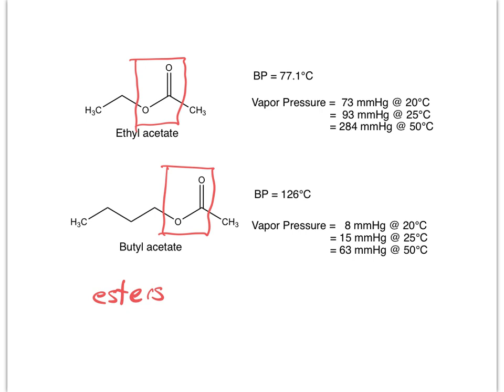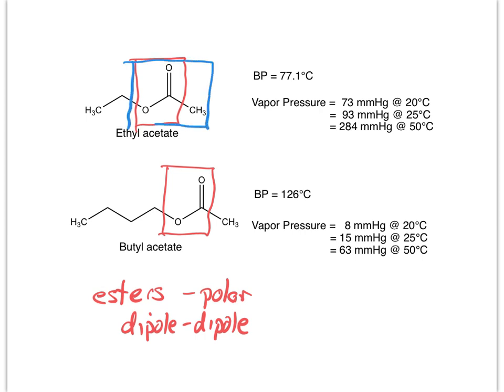As esters, that ester group is very polar, and so these molecules are attracted to each other by dipole-dipole interactions. If we break down the name, we see this part of the molecule is the same in each. That is a derivative of acetic acid minus the hydrogen, and so that is the acetate part.